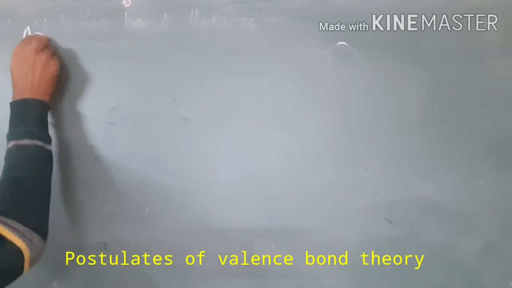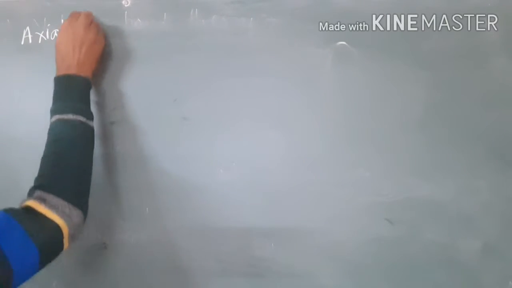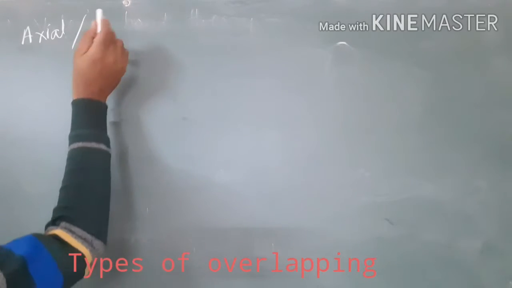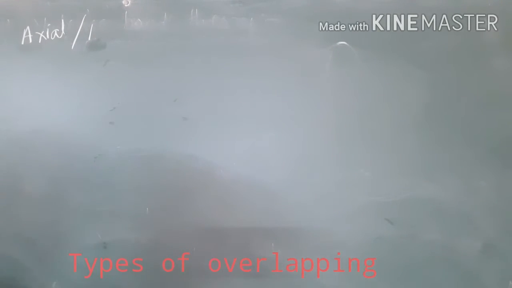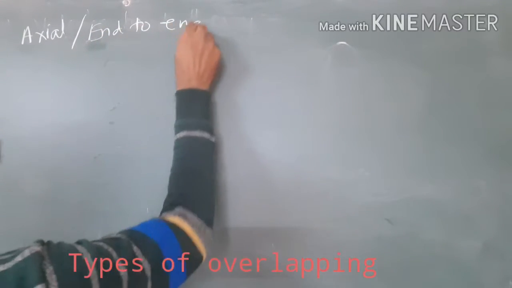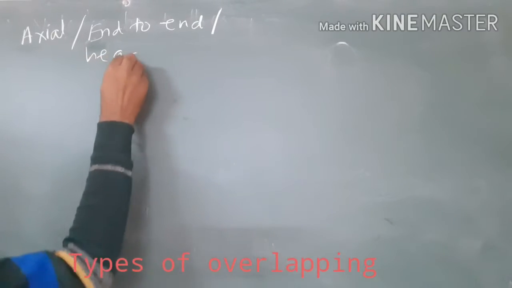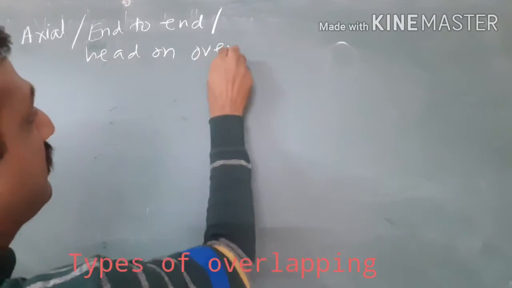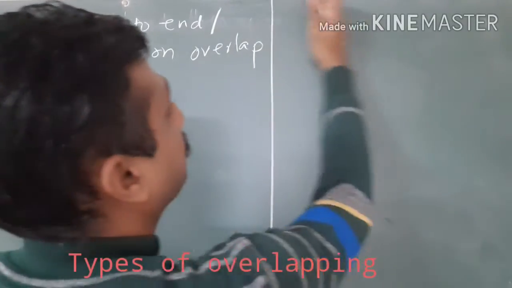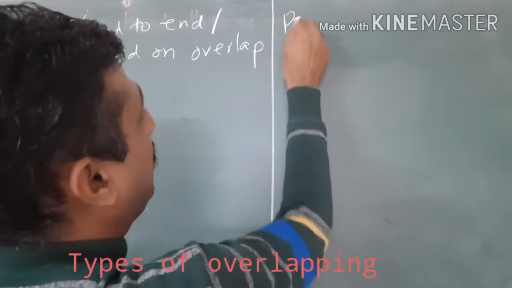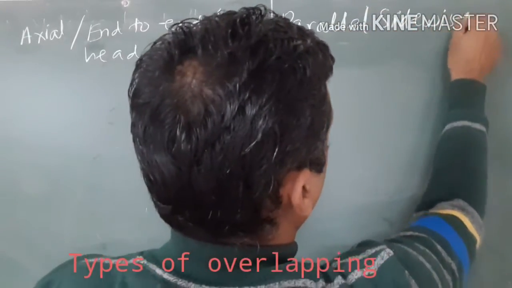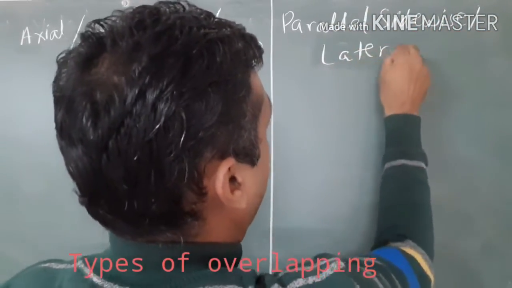The overlapping may take place either axially, which we call an axial overlap, or end to end overlap, or head on overlap. This is the first type of overlap. And the other type of overlap is the parallel, or sidewise, or lateral overlap.